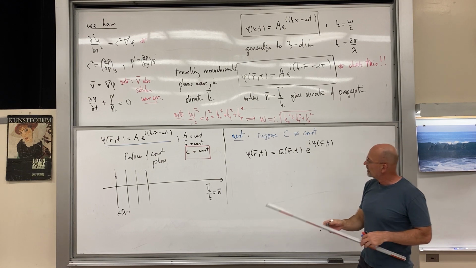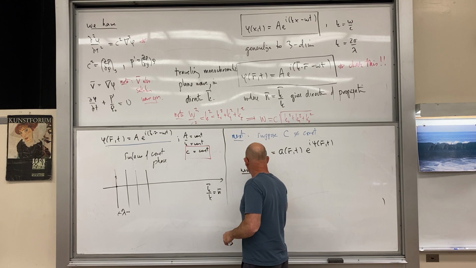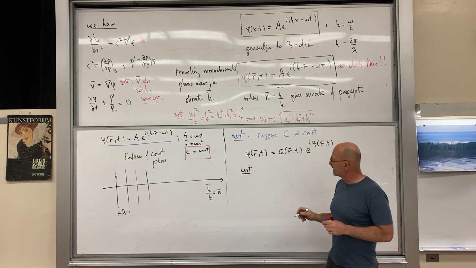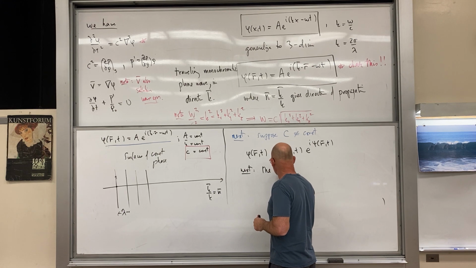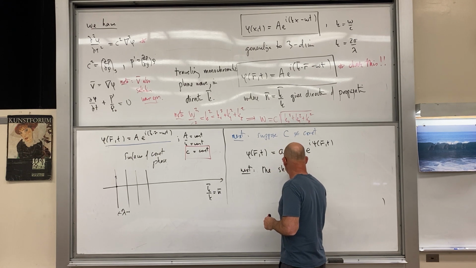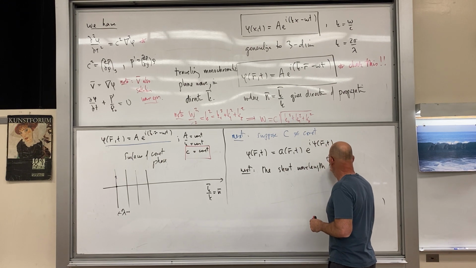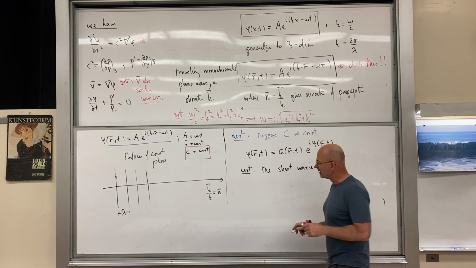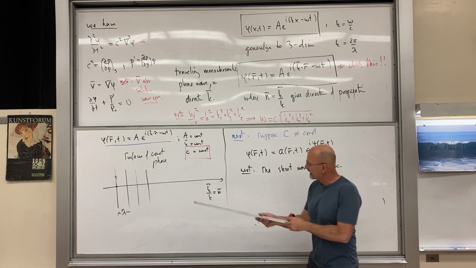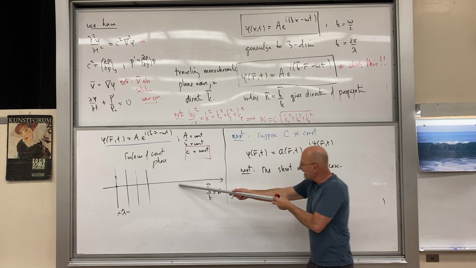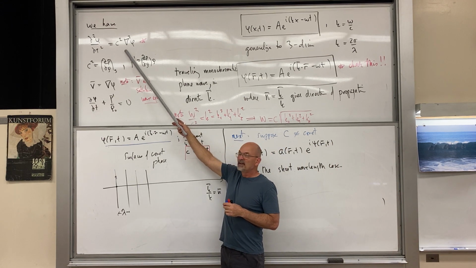What I can do, though, is consider the short wavelength limit, or the short wavelength case. And I'll do a picture to visualize what's going on. We're no longer going to have propagation in a straight line if the speed of sound changes appreciably.